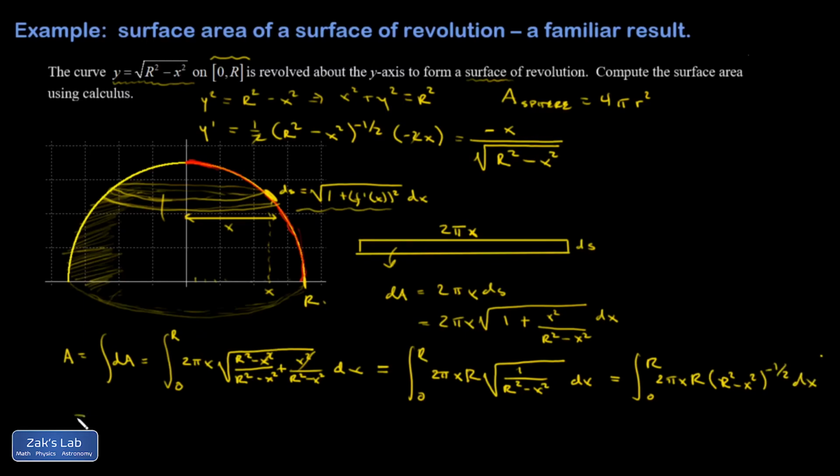And what I notice is a function of an expression here, r squared minus x squared, sitting right next to the derivative of that expression almost. The derivative of this interior expression is negative 2x, and I have the right function piece over here to get that done. So I'm going to modify this integral to put a negative 2x in here, moving all my other constants outside. So the 2 is going to hang out with the x, that's staying in there, and then I'm multiplying the interior by negative 1 and the exterior by negative 1.